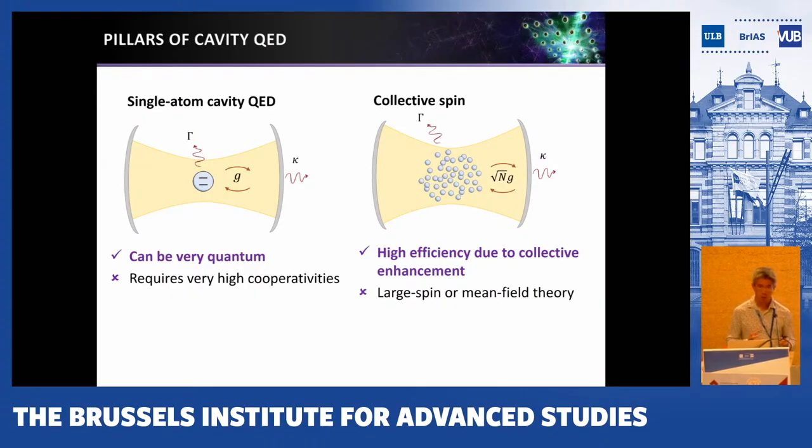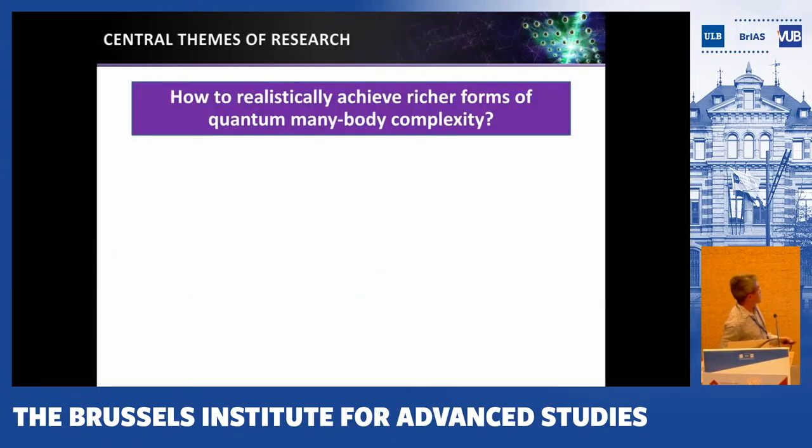So you maybe lose a little bit the complexity of quantum mechanics in general. So one theme that I've really been occupied about in the past few years is to think about, in atom-light interactions, are there realistic ways that we can achieve richer forms of quantum many-body complexity?